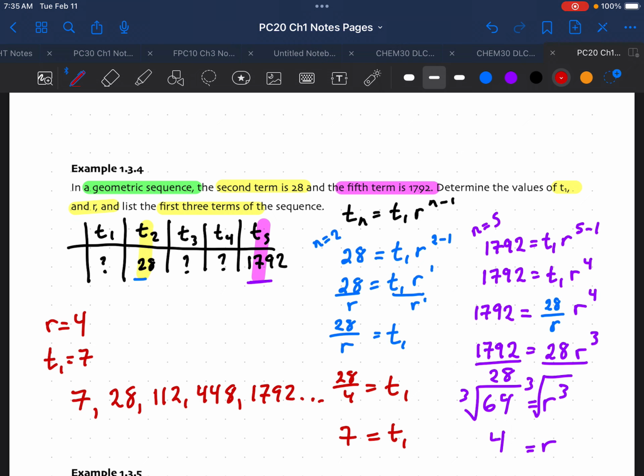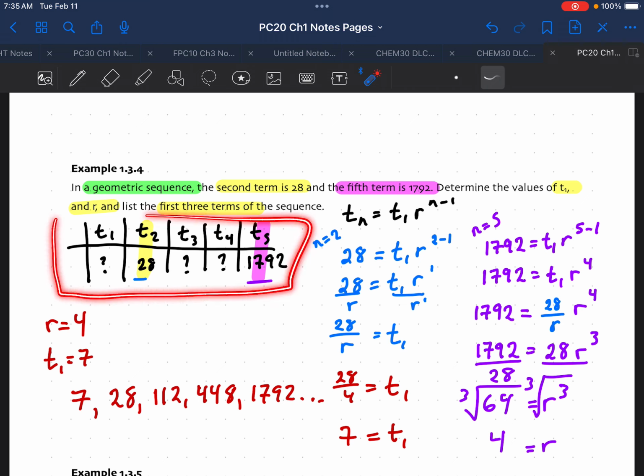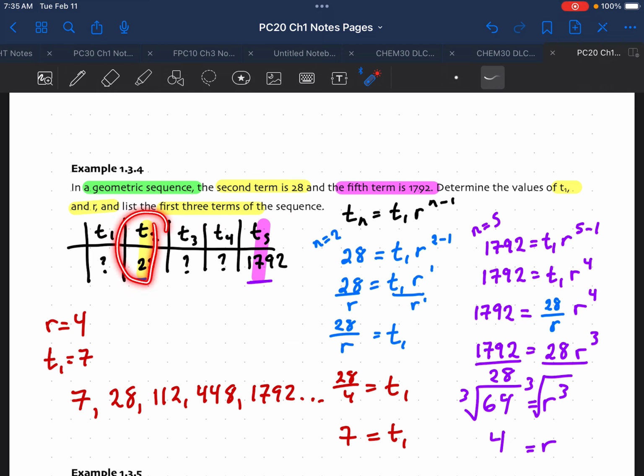All right, that's how you determine the common ratio and term 1 of a geometric sequence if you know 2 terms in it.